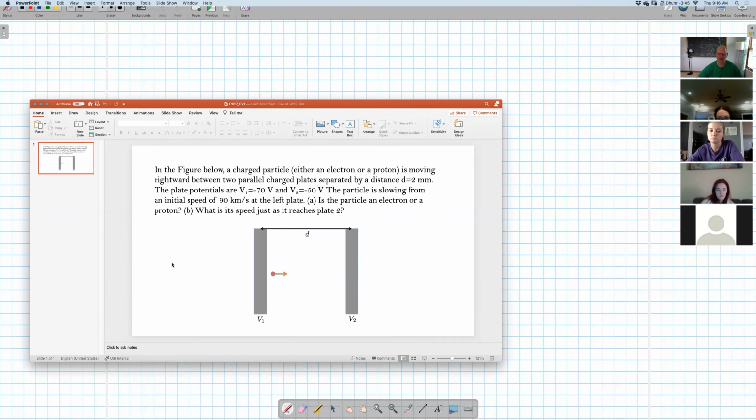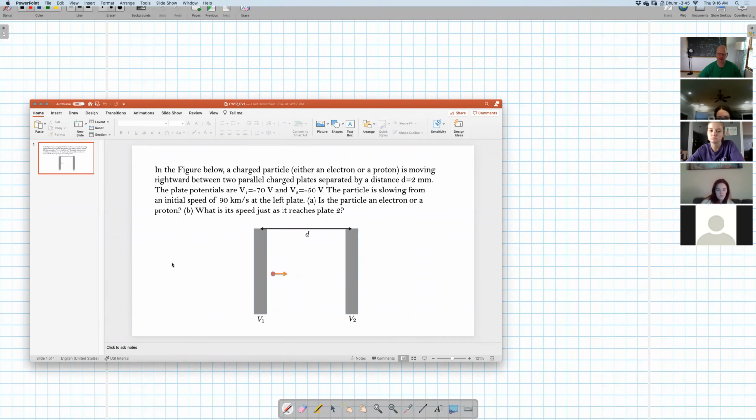Good. Now, first of all, from this information, we want to know, is this an electron or a proton? So first things first. Notice that what we care about is the change of potential. We care about that voltage because our potential energy change is equal to the charge times the change in voltage.